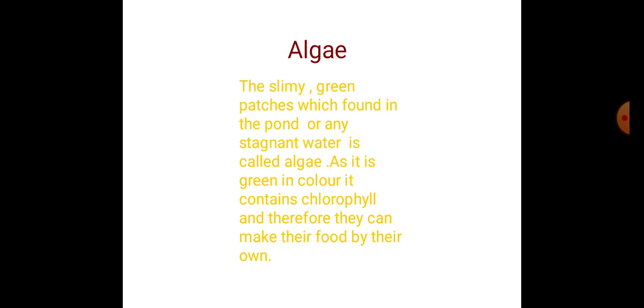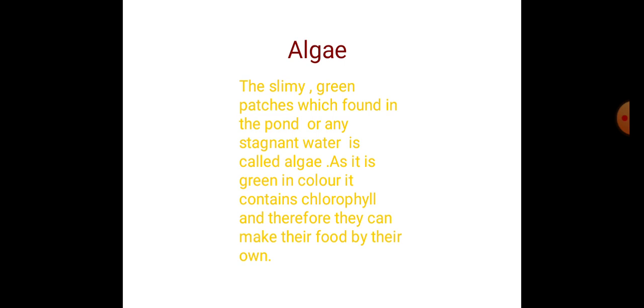You can see the color of them is green. That means they have chlorophyll. So as they are green in color, they can do the process of photosynthesis. And for the same reason, they can make their food by their own.